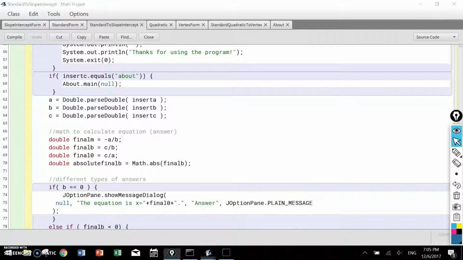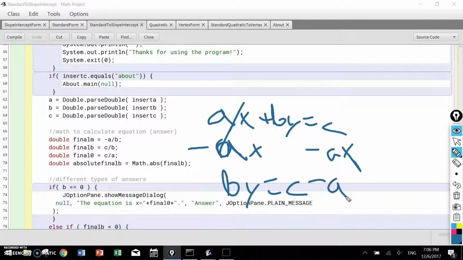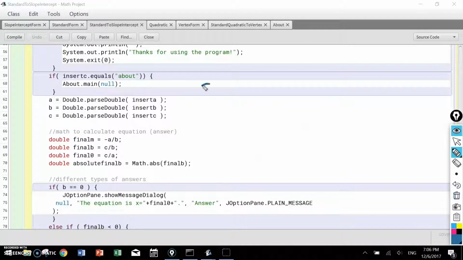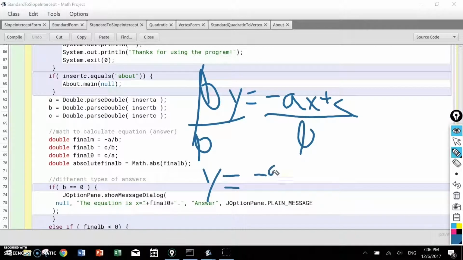So, it's really simple. You have ax plus by equals c. So, if you just solve for y, you will eventually get what I'm about to show. So it's by equals negative ax plus c, divided by b, is y equals negative ax over b plus c over b.